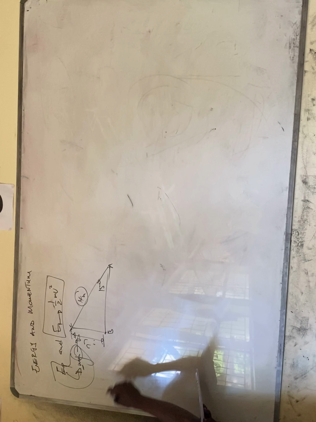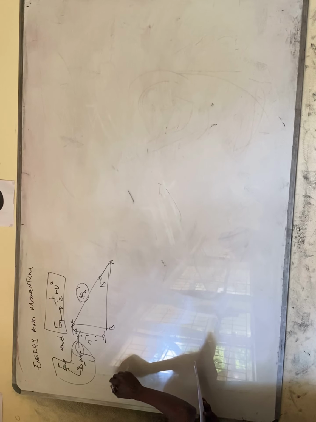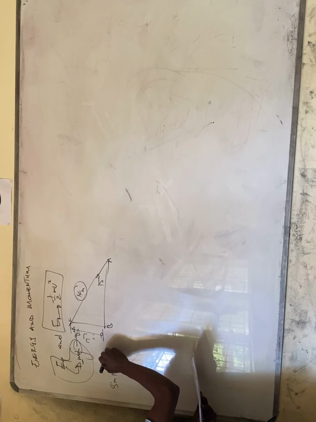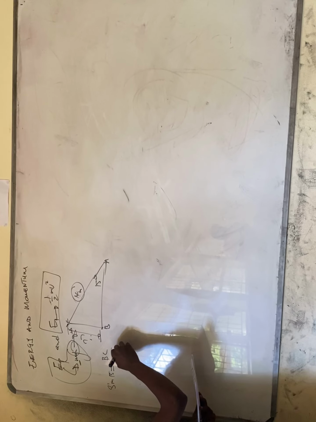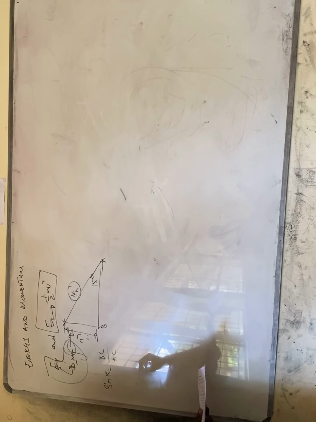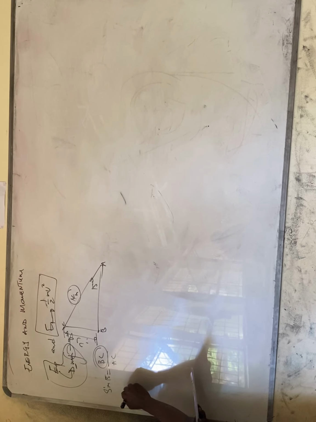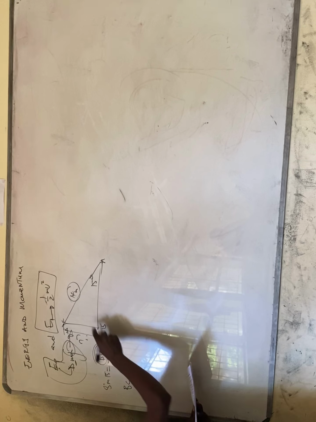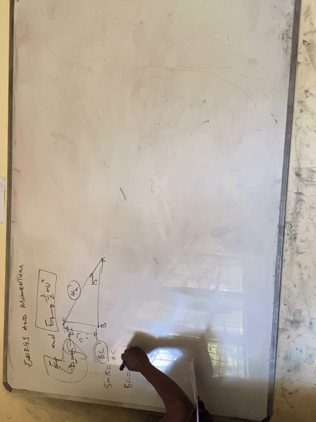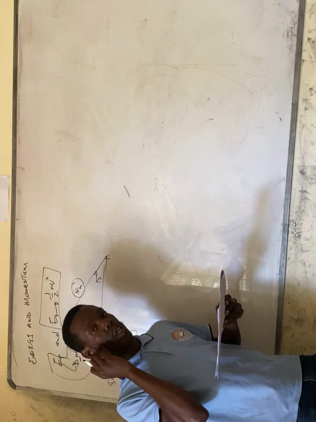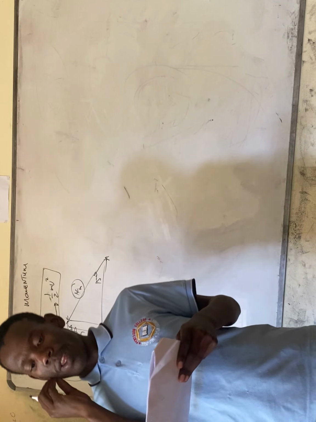We can use sine of the angle 15 equals BC divided by AC. After we cross multiply, we know we need BC, which is AC, the same as 15 multiplied by sine of this angle. That is why we do the mass and the height.